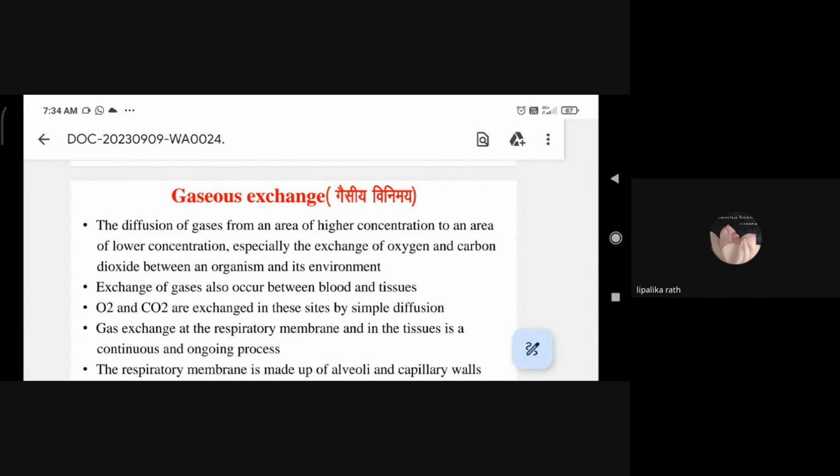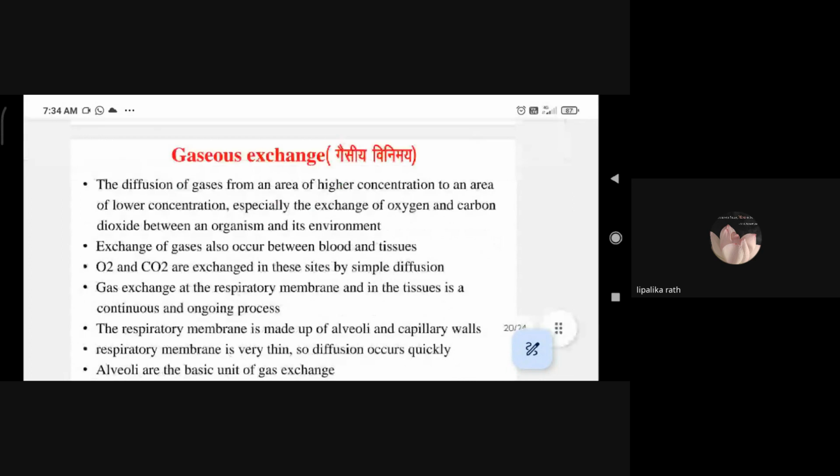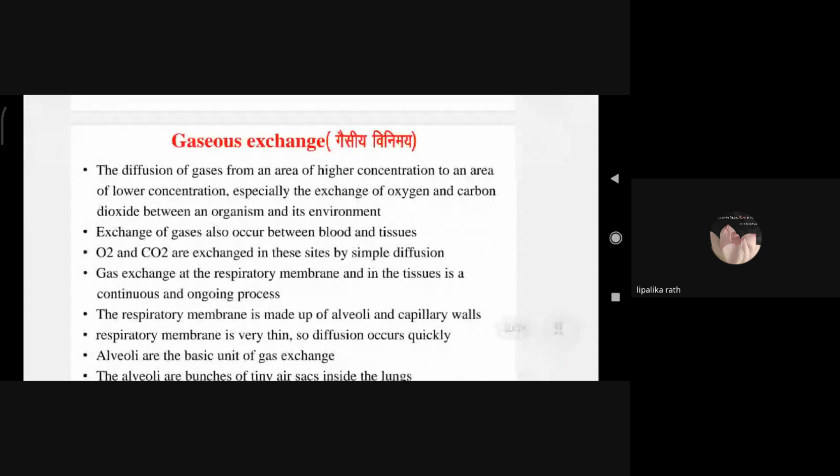Is it clear? Yes, ma'am. Clear. And that was the example of external respiration. And the same thing will happen in case of internal respiration when blood is reaching each and every cell.